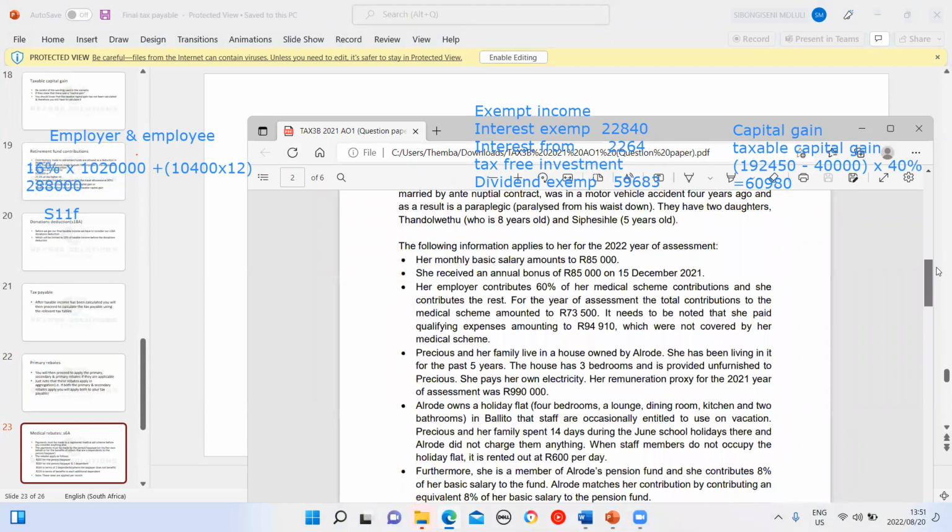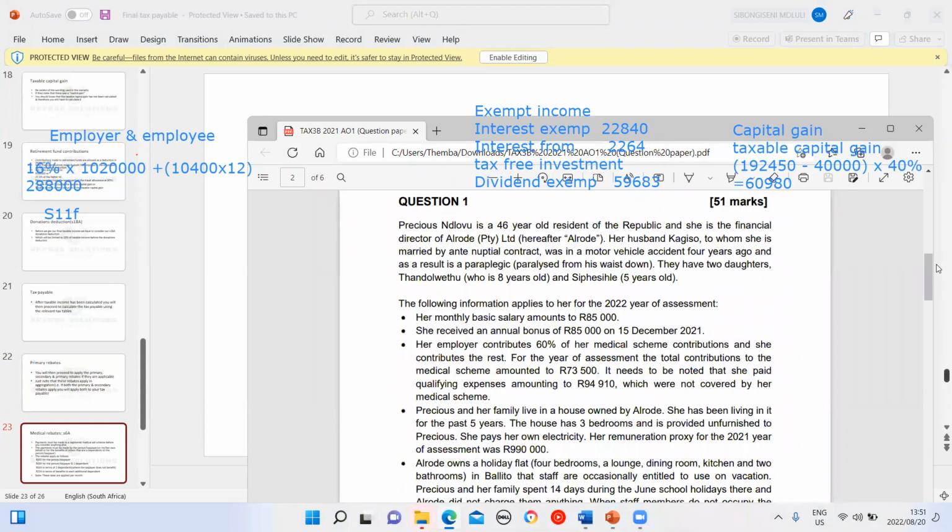Sometimes in the context you can't just go over information. You have to remember that information at the top of the scenario can apply to calculations at the end of your answer. At the top of the scenario, they said she was a 46-year-old resident of the Republic, and she had dependents in the form of a husband and two children. For this medical aid, they didn't specifically state who she was paying for, but we assume that all of them got the benefits.